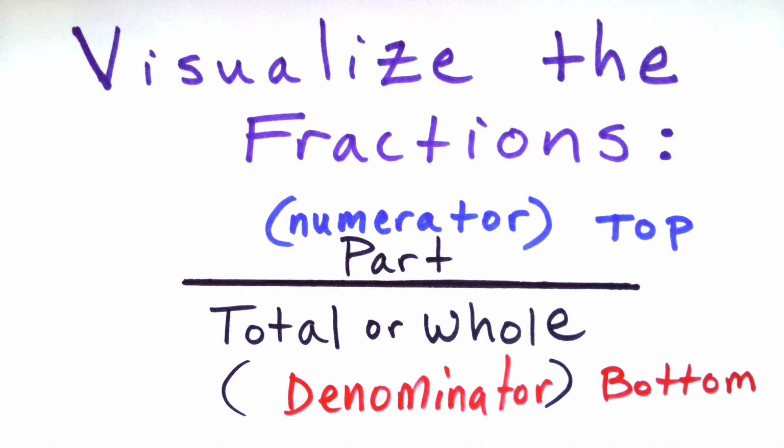In this particular problem, we're talking about color of coins. Let's take a look at the parts, and let's take a look at what represents the whole.